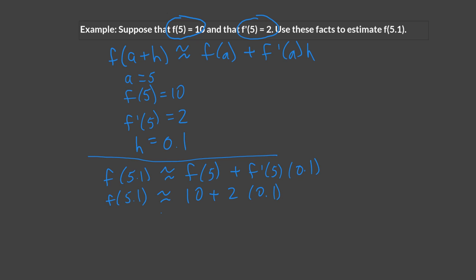So this right-hand side is equal to 10 plus 0.2, which is equal to 10.2. So putting it all together, we get that f of 5.1 is approximately equal to 10.2.